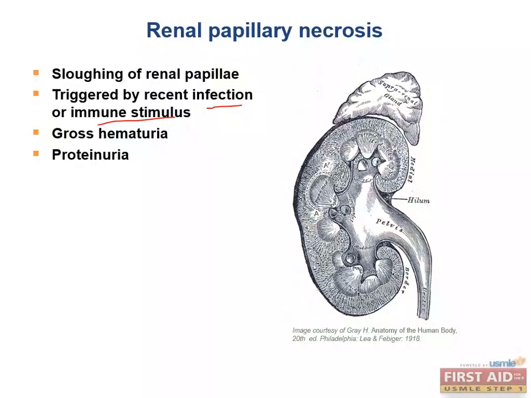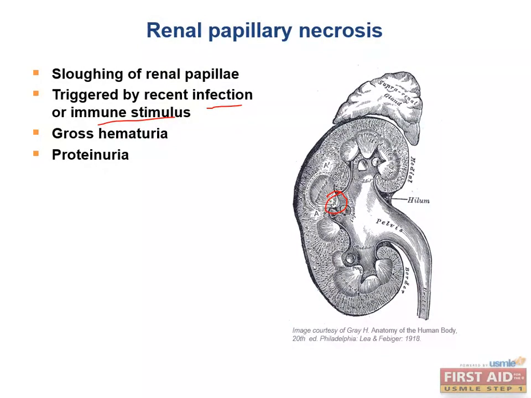So the area that is at risk for the infection or immune stimulus causing renal papillary necrosis is sensitive to hypoxia. That's why it's at risk for papillary necrosis. But why? And the reason is because the papilla is the farthest away from the blood supply.